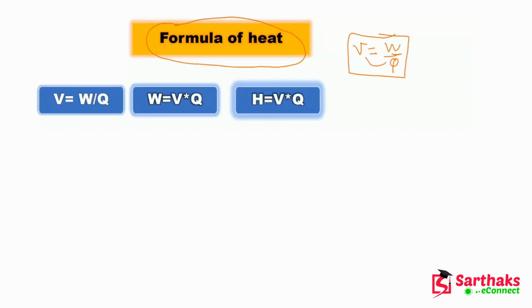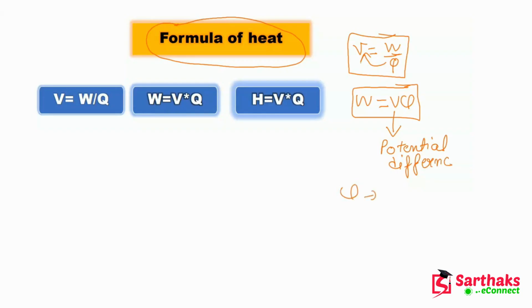If I cross multiply, it gives W equal to V into Q. Although you know the meaning of these terms, I write it down again for you. This is the potential difference.